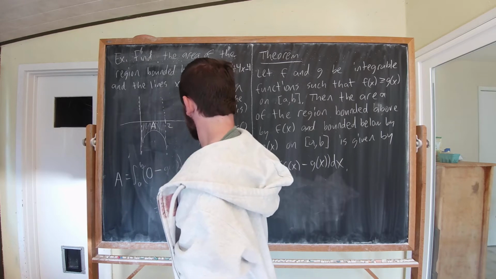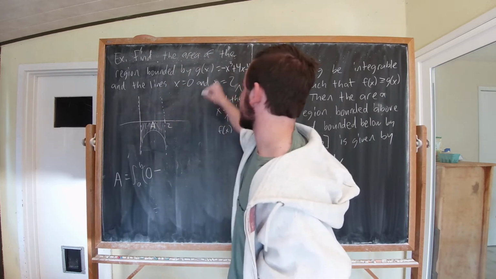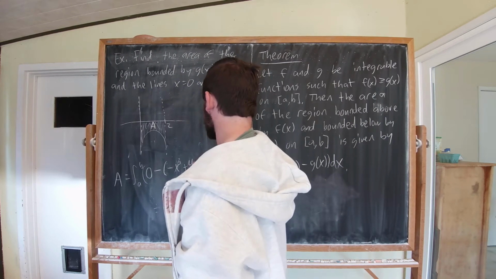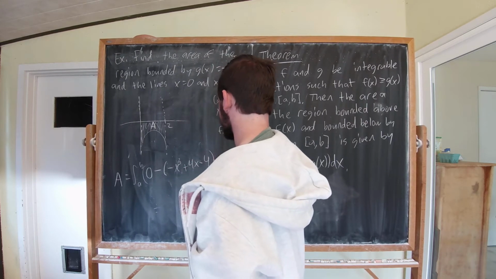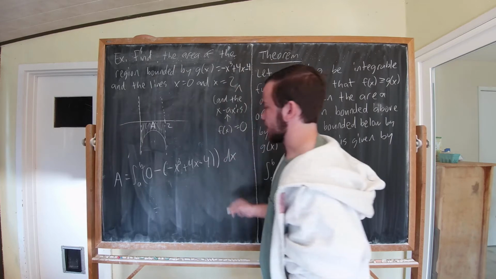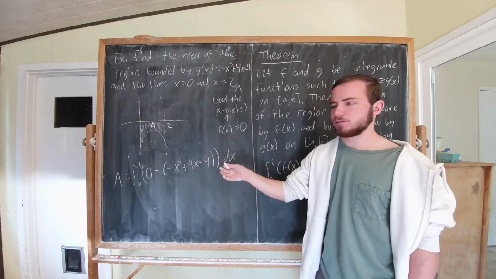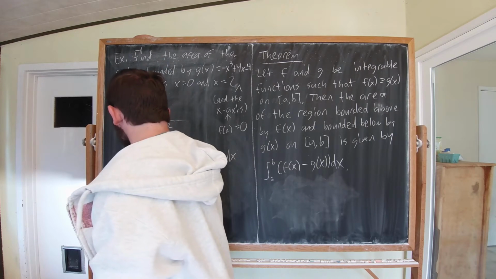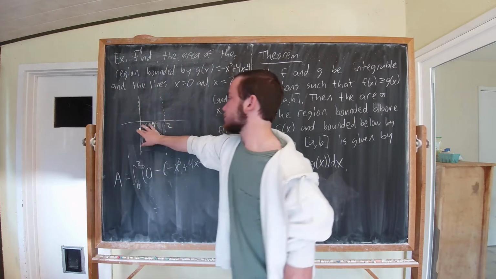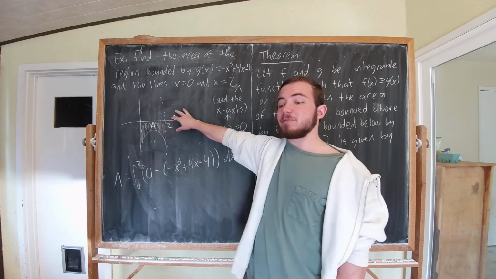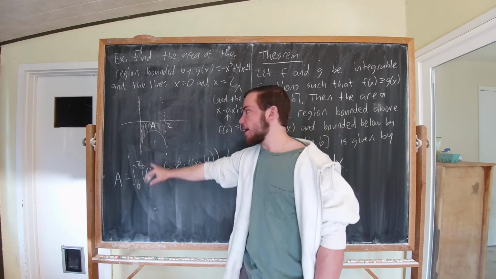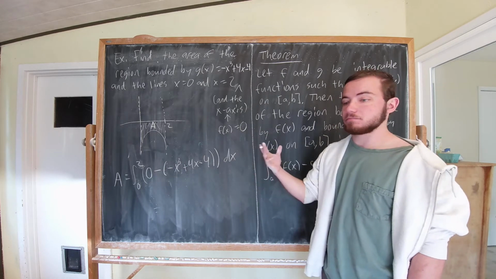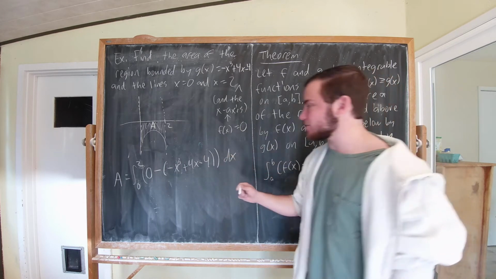Or in other words, if we just plug the definition for g of x in there, 0 minus negative x cubed plus 4x minus 4 dx. And we're integrating not from a to b, but from 0 to 2. Between 0 and 2, bound above by the x-axis, 0, and bound below by this g of x function here. Alright, let's evaluate that integral.